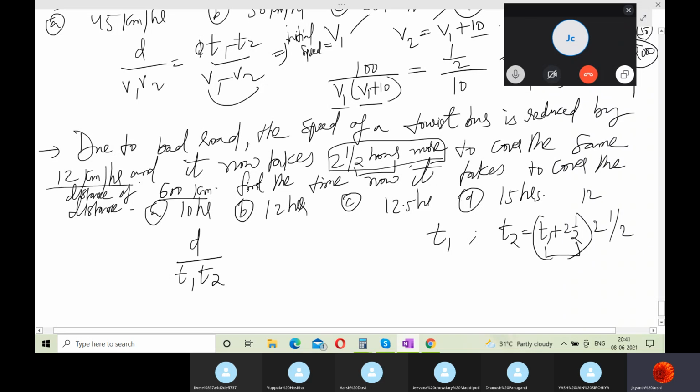If you reduce the speed, the time will increase, correct? So the speed is reduced by 12 kilometers per hour and the time will definitely increase by 2.5 hours. So this is the initial time and this is the changed time, correct? So is equal to, what is the difference in speed?